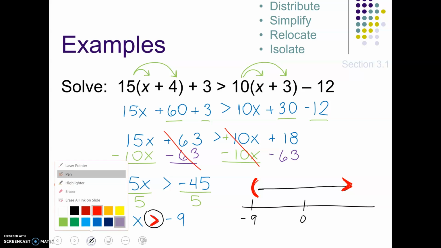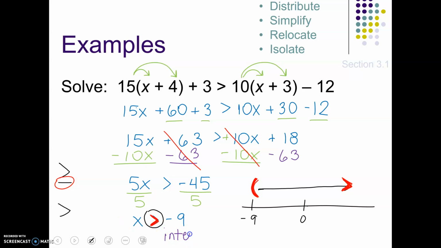And so when I go to write my interval notation, again, this is just a special notation that writes infinitely many values from the left to the right. Looking at my picture, I can see that I'm going on the left as far down as negative 9, but I can't equal negative 9 itself because I didn't see that in my inequality.